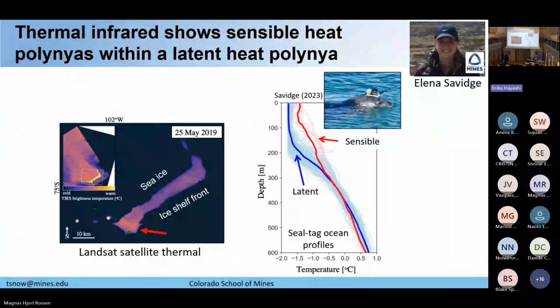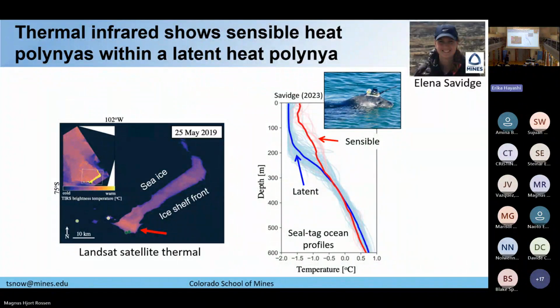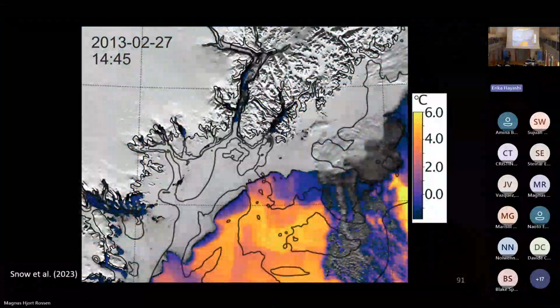So we can detect that from thermal, and then by using seal-derived CTD data, we can see that those plumes are actually fairly homogeneous, slightly warmer water temperatures down to about 250 meters. So we can start to use thermal infrared for these sorts of applications, which is really exciting for small ocean features.